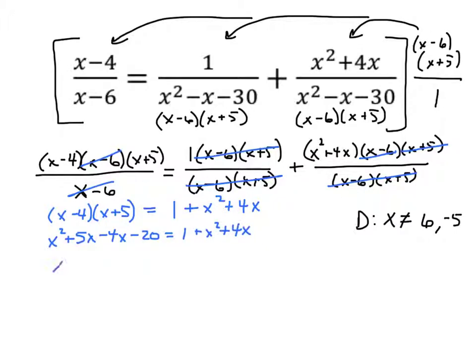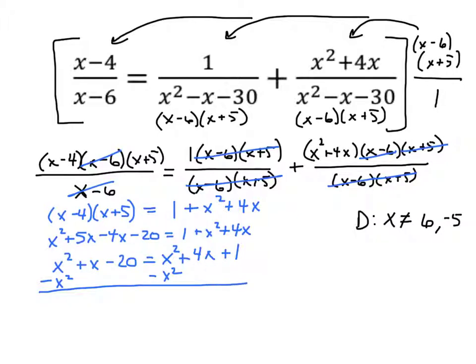And I've got to combine my like terms. And I'm going to rearrange my right side so that it's in order of powers. Okay, so now I've got to solve this for the variable x. And I notice that my x squared terms are exactly the same, so I'm going to go ahead and subtract my x squareds. They'll cancel out, and I'm left with x minus 20 equals 4x plus 1.